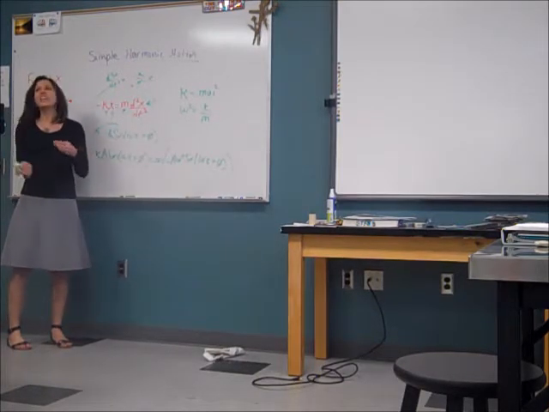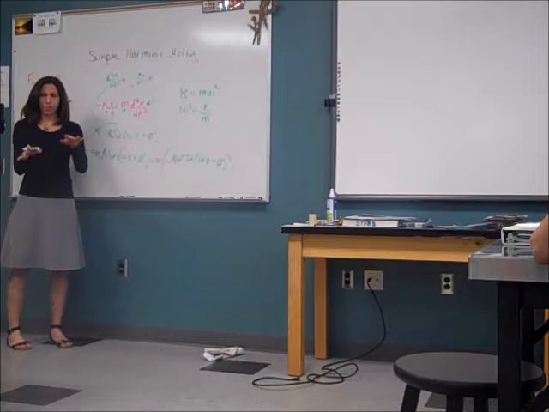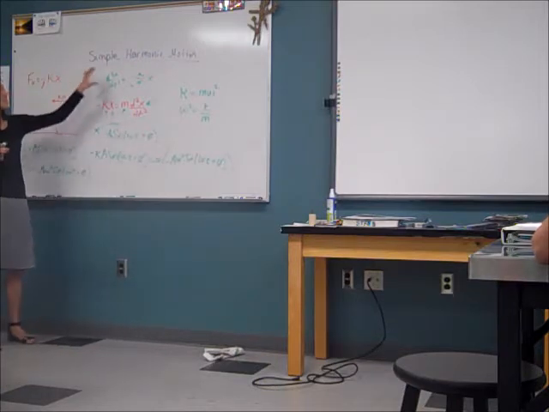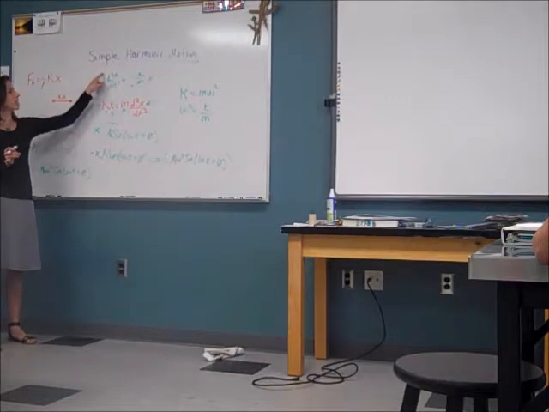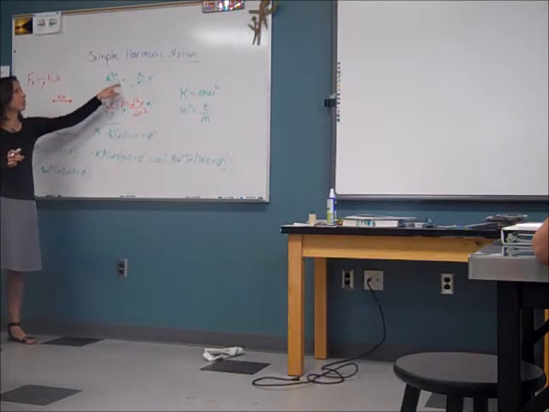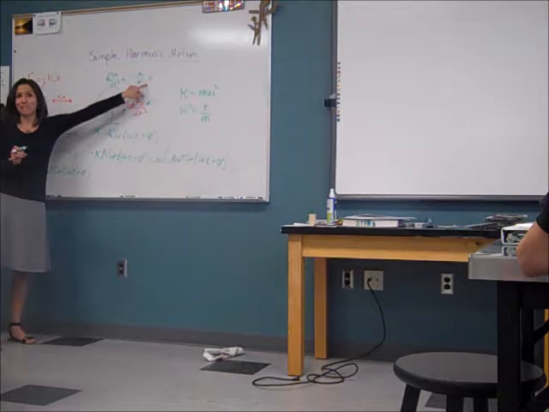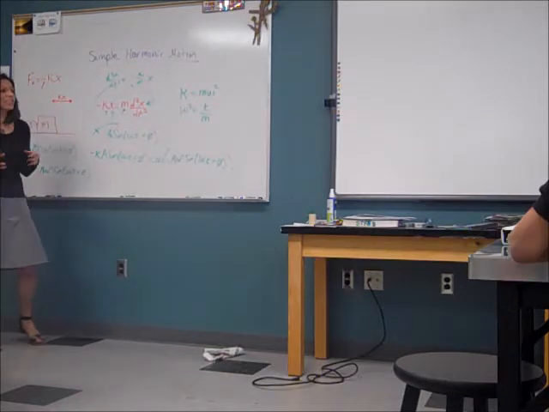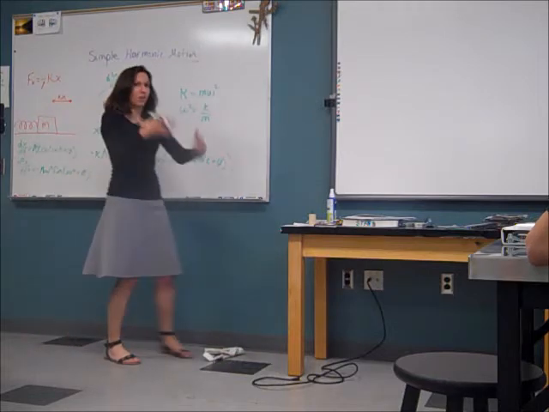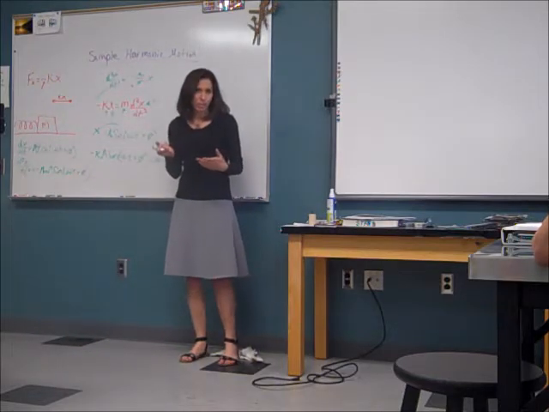Anything that you can write out the force equation for that obeys this form, that's the second derivative of something equals negative constant times that something again, that is a simple harmonic oscillator.